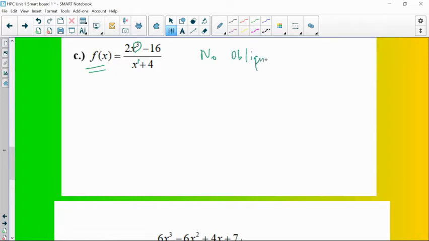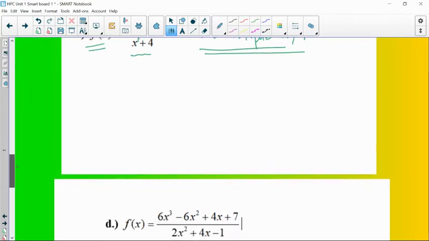And I think I maybe even mentioned this in one of the earlier videos, that because it's actually 2 degrees higher, the asymptote is actually quadratic in nature, and that's a little bit beyond the scope of our class. So for us, there's no oblique asymptote. It's 2 degrees higher. There's no horizontal. Just for fun, I know there is a vertical asymptote, right? X can't equal negative 4, but the question says find oblique.